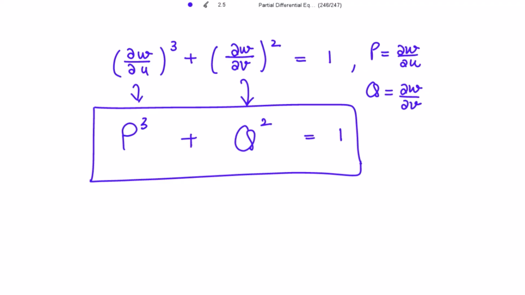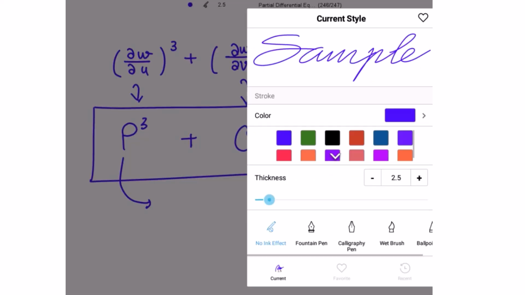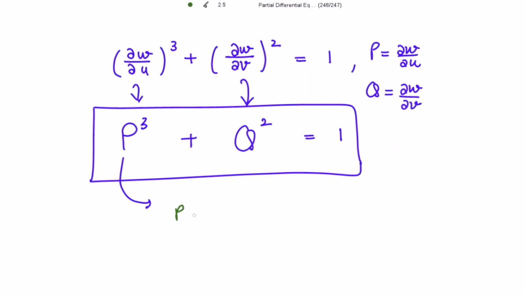What is the next step to solve? We always take P to be the constant. Let me take this P to be equal to a, so that we can get Q to be equal to the square root of 1 minus a², right?